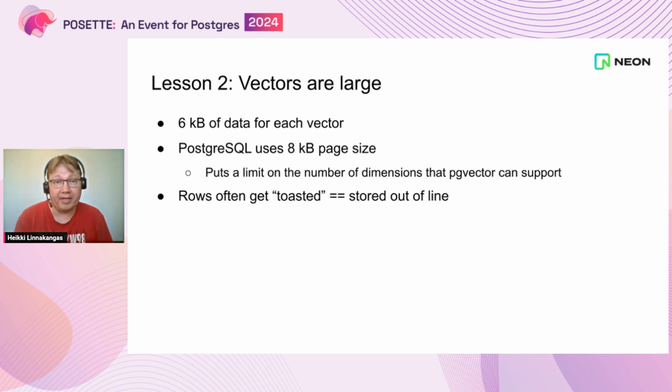Postgres has a limit of 8 kilobytes per physical page, and 6 kilobytes is actually pretty close to that. If you have a piece of data that's larger than 8 kilobytes, then it gets what's called toasted in Postgres. So it actually gets split into smaller slices, and they're stored out of line, not in the main table itself. So that typically happens with vector data. They get toasted and stored in a separate what's called the toast table.